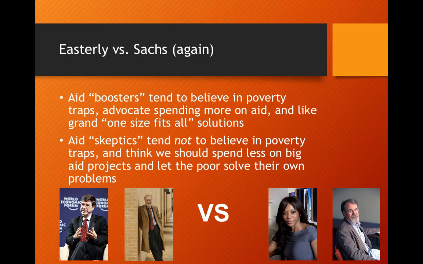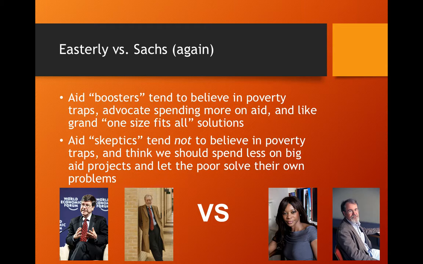So there can be a poverty trap either at the level of the country or the individual or household. Now, the poverty traps that Banerjee and Duflo are usually talking about are at the individual or household level. So I just want to say that this idea of poverty traps, even though it's been picked up by the pro-aid, anti-aid debate, I think kind of transcends that debate.